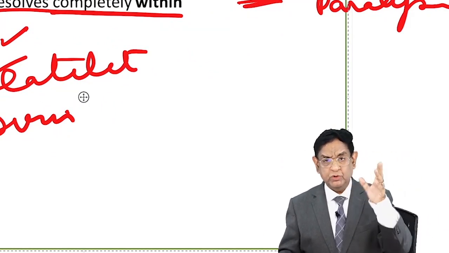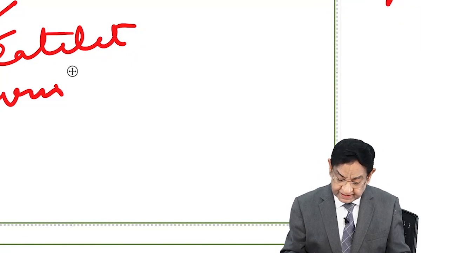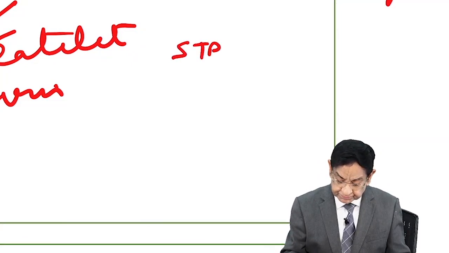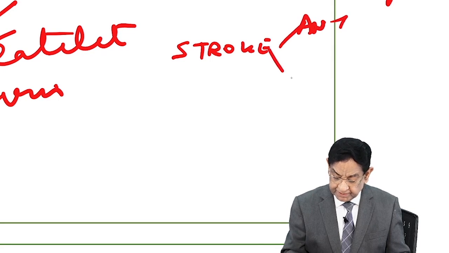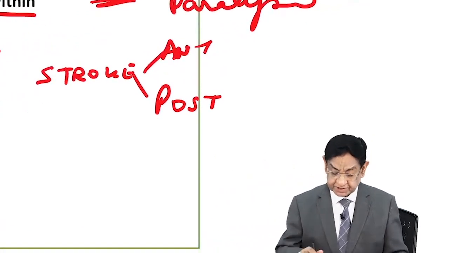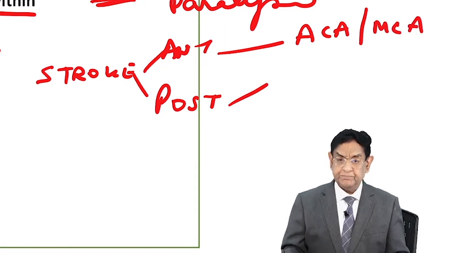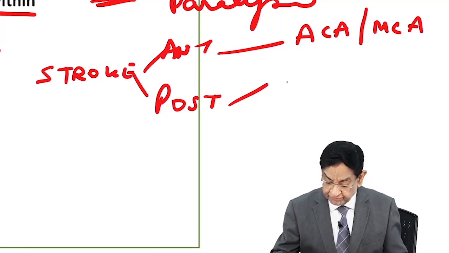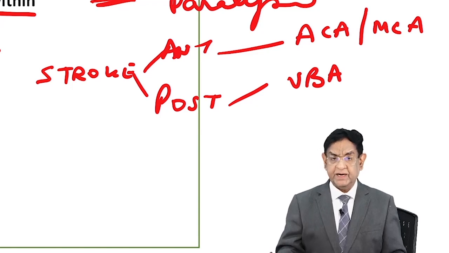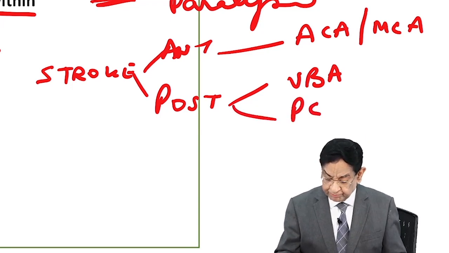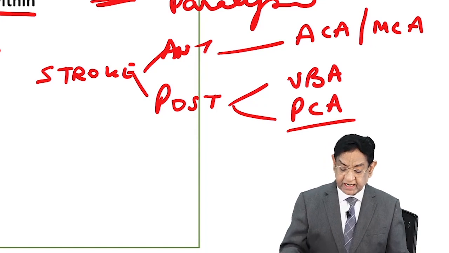When we talk about stroke, it may be anterior circulation or posterior circulation. In anterior circulation, there is involvement of the anterior cerebral artery and the middle cerebral artery. In the posterior circulation, there is involvement of the vertebrobasilar artery, VBA, or the posterior cerebral artery.